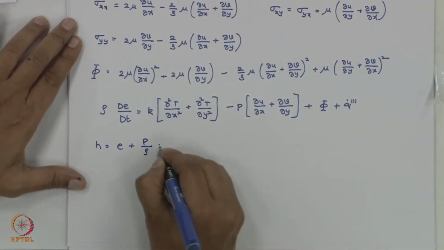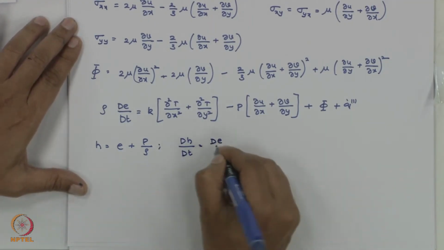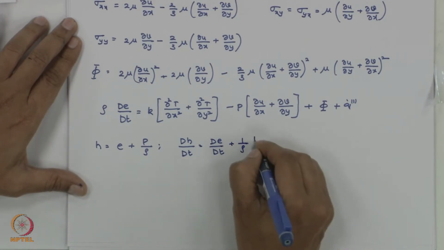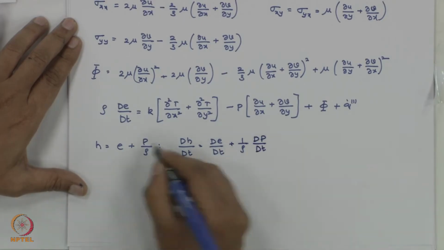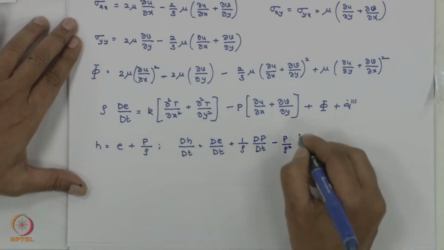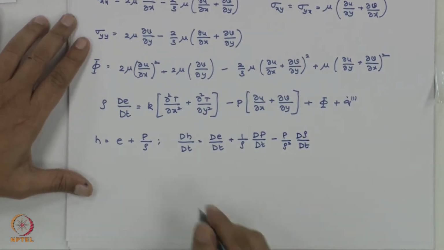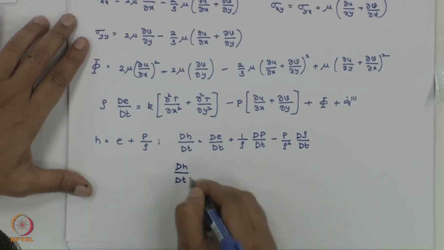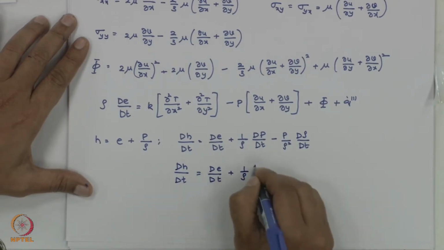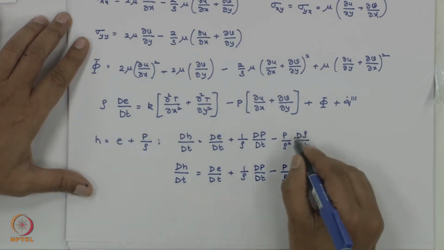If I take the total derivative of this, I get dH by dt equal to dE by dt plus 1 by rho dP by dt, taking 1 by rho constant and differentiating with respect to pressure, then keeping pressure constant, minus P by rho squared d rho by dt, since differentiating 1 by rho gives minus 1 by rho squared d rho by dt.